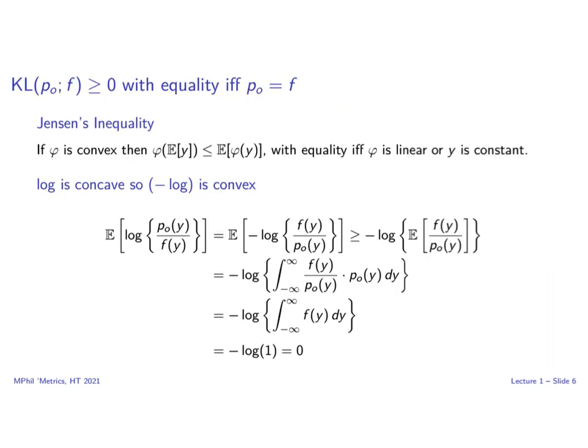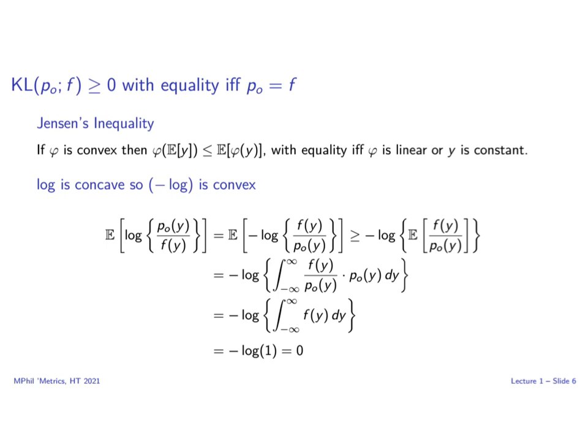On this slide, we're going to prove the second property of the Kullback-Leibler divergence from the previous slide, namely that it is always greater than or equal to 0, and precisely equal to 0 if the model is correct. To do this, we're going to use Jensen's inequality, which I hope is familiar to you from your introductory lectures on probability.